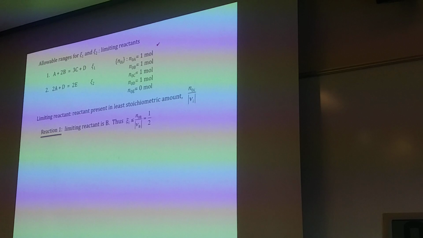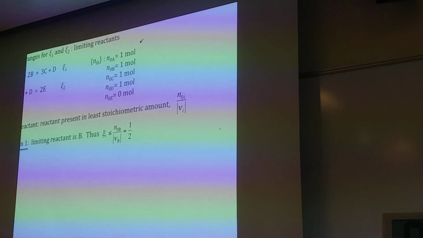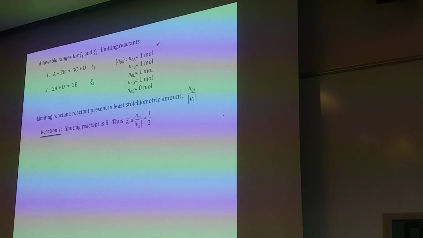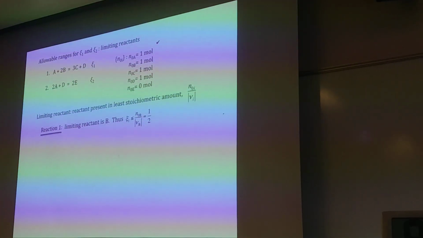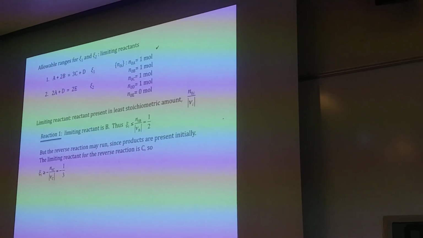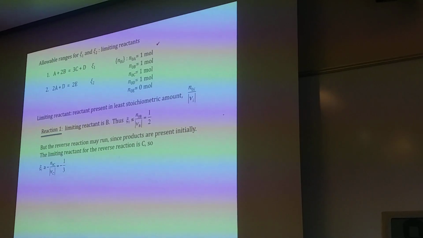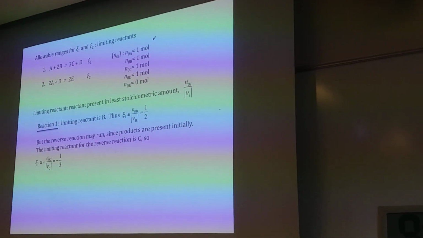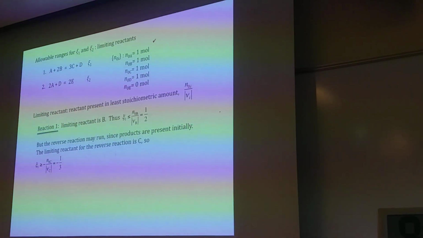Well, we notice that D and C are both present. We have a mole apiece of them. So that means that the reverse reaction is also a possibility. So I need to consider that and look at what the limiting reactant would be for the reaction running in reverse.